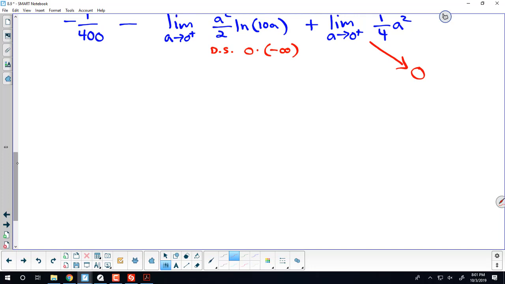So let's do this down here. Since that is an indeterminate product, remember L'Hopital's rule was applicable to 0 over 0 or infinity over infinity. Both of those are quotients. You've got a product. How do you turn a product into a quotient? If we have any hope of applying L'Hopital's to this, it has to be a quotient.